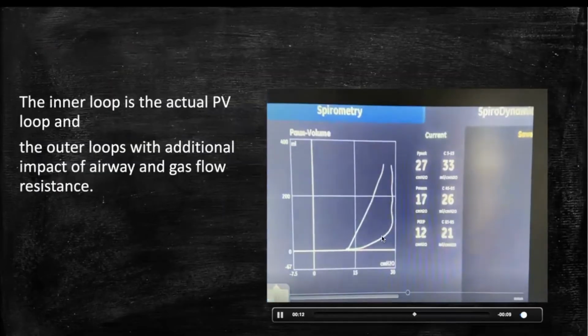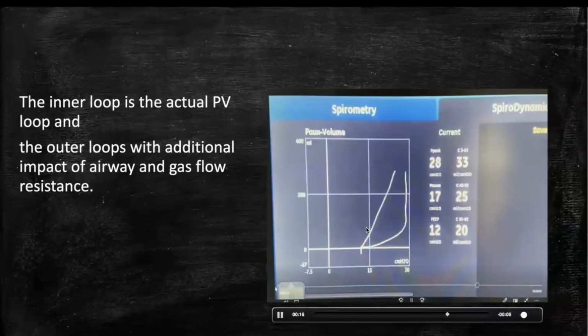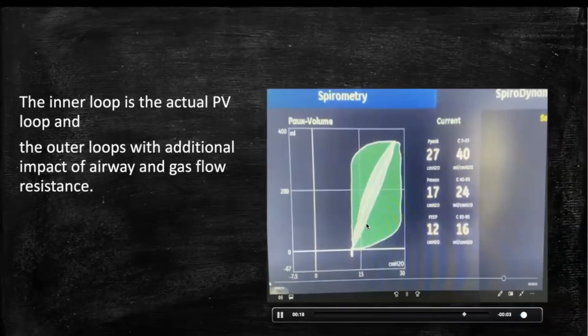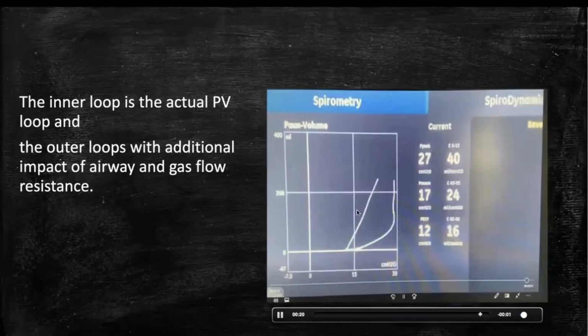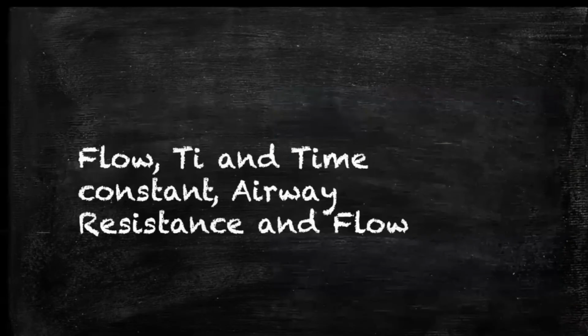You can see this bulging is all because of the excess amount of normal gas flow, and the inside PV loop does not have any lower inflection point or upper inflection point because the lungs are essentially normal. So this is what I thought I should discuss.